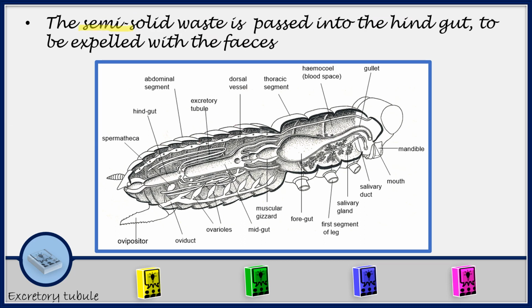The semi-solid waste is passed into the hind gut to be expelled with the feces. So when we get these waste materials, they are extracted from blood through the excretory tubes.